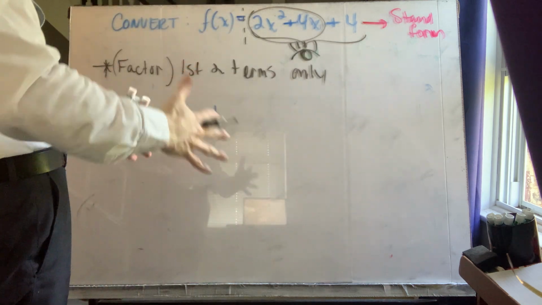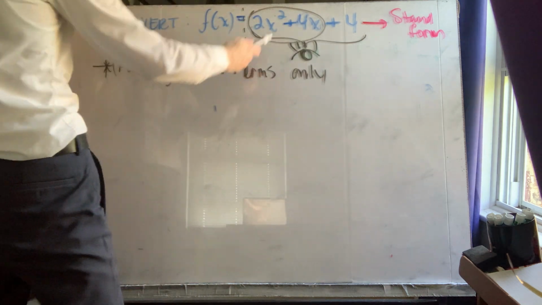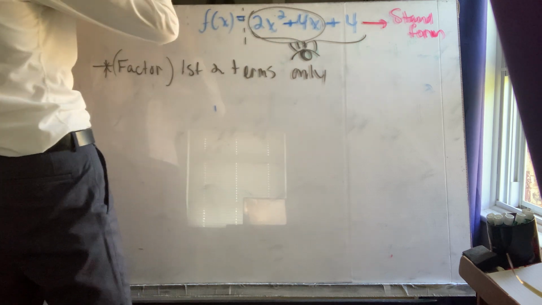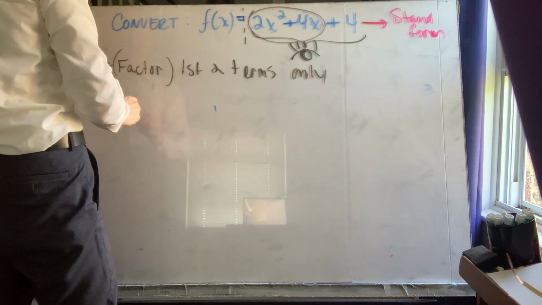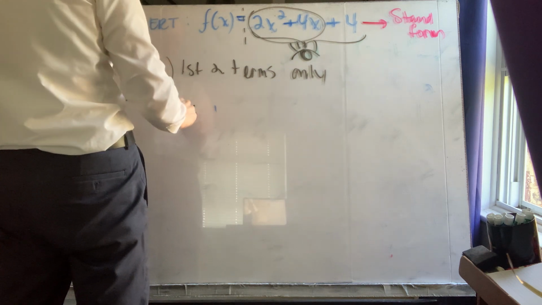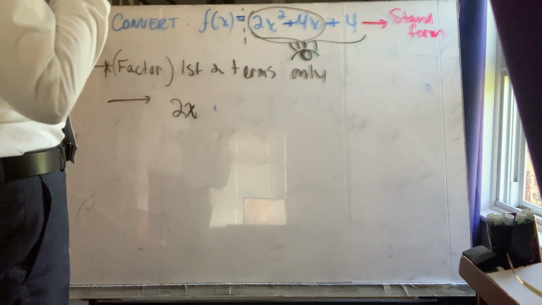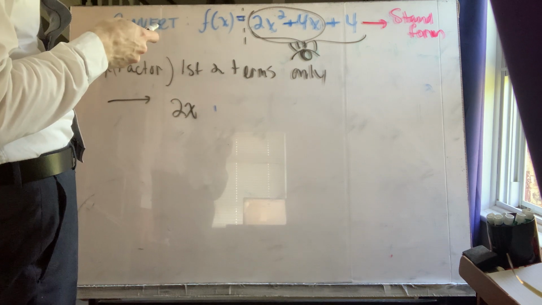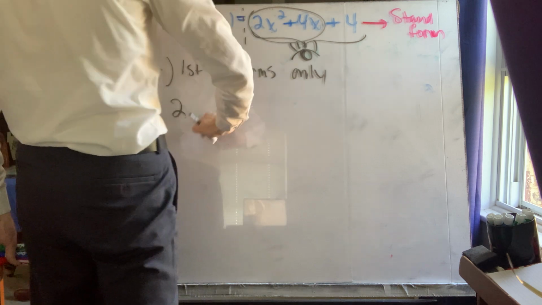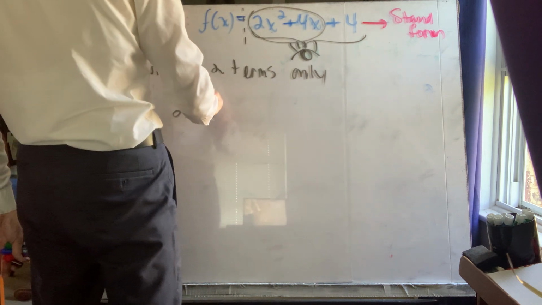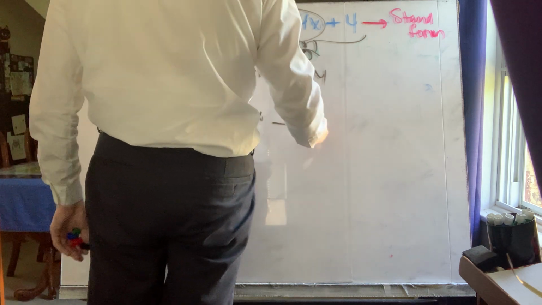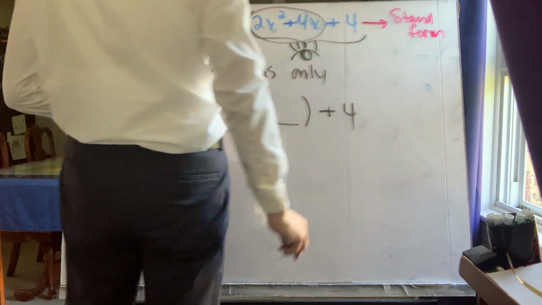Factor just those. They're both made of the letter X, and they're both made of the number 2 somehow. So in the factored form, you could just take out the 2. X squared plus 4x. I'm going to purposely leave a space here, and there happens to be a plus 4 here.